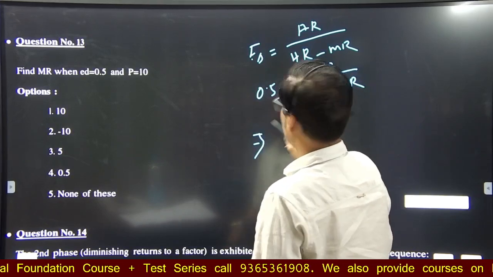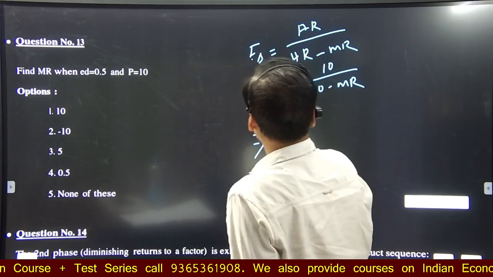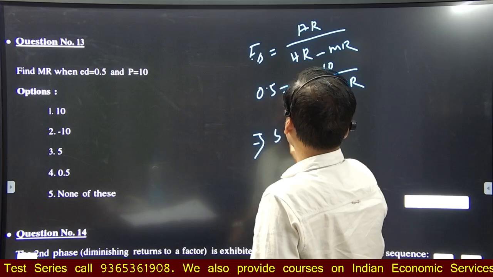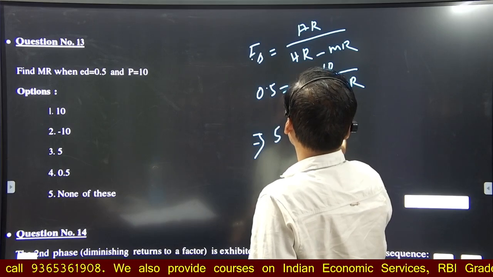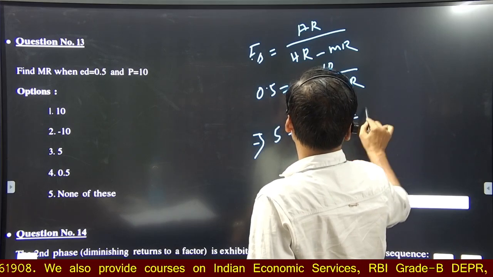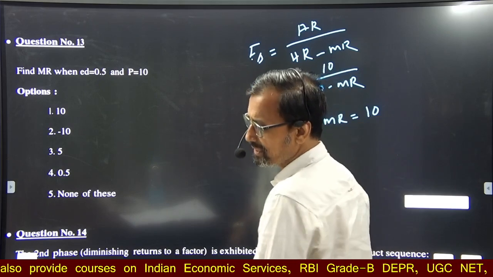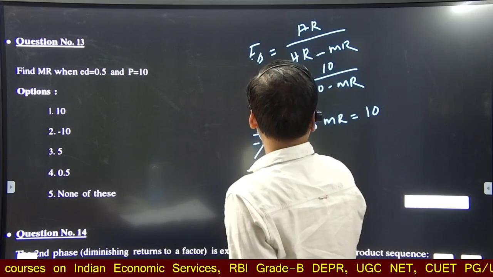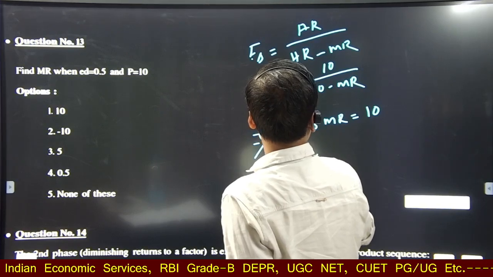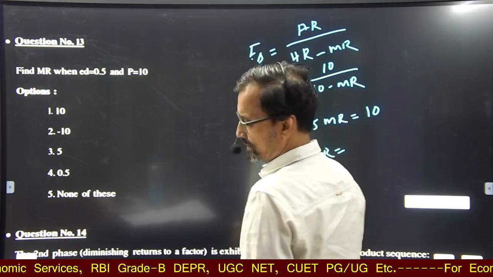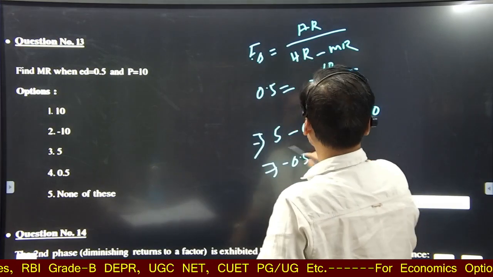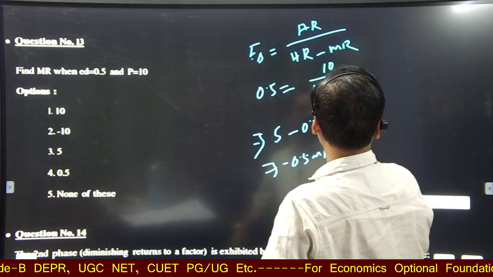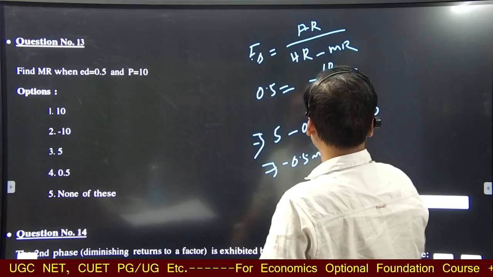So 10 multiplied by 0.5 is 5, minus 0.5 marginal revenue is equal to 10. So again minus 0.5 MR, here 10 minus 5, so here it will be 5.